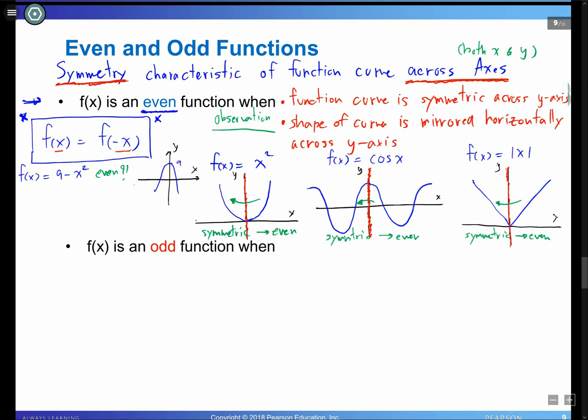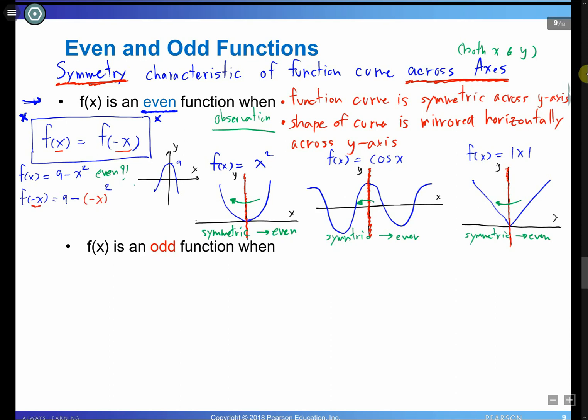Okay, so f(x) equal to 9 minus x squared. So let's check f(-x). Now the input is different. Minus x, so we are going to get something different here. It equals 9 minus, where x becomes minus x, so it's this minus x instead of x, and we still have the square.